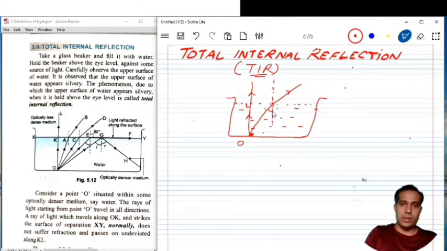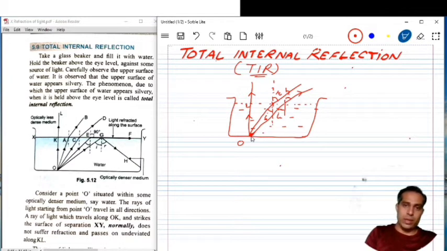This is angle I and this will be R. In the same way, if we go on increasing the angle of incidence, this is the normal line again, and this will be the refraction. So as the angle of incidence increases, the angle of refraction will also increase.